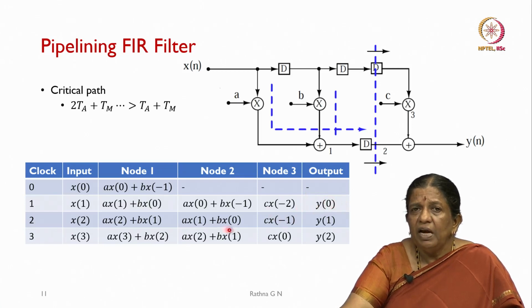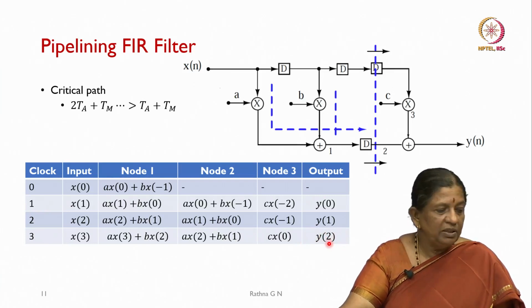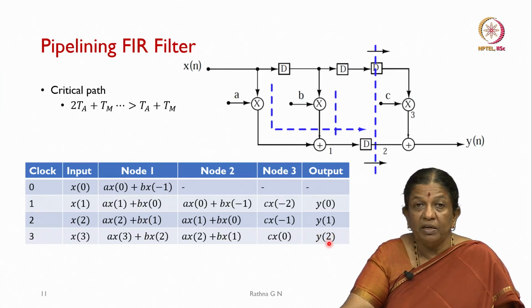And in the same way, in the third clock cycle, all the units become full, then y 2 will be my output, which is completely correct. Compared to the previous one, you can draw this sketch for the one which did not have the cut set.